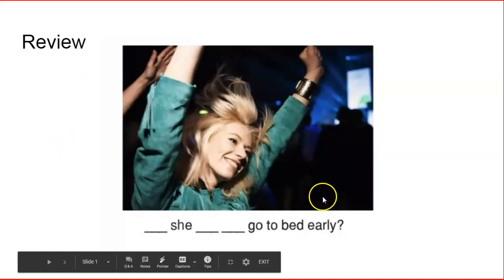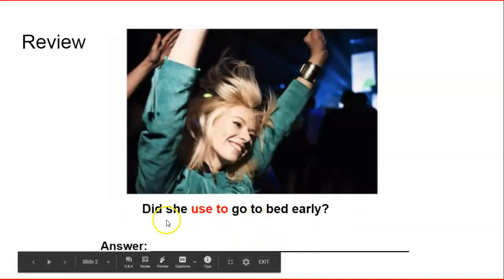Fantastic. So let's do a quick review and let's see if we can make a question using the picture here. Esther, do you remember how to make a question with used to? Did she used to go to bed early? Good. Does it have a D or no D? No D. Excellent. Good job. And here it is.